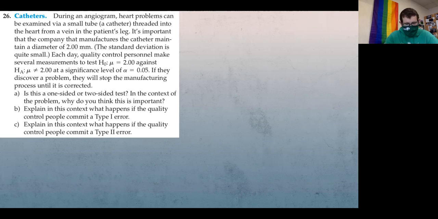So this isn't actually a t-test that we're about to perform. It's just a question about type 1 and type 2 errors. Okay, so explain what happens in this context if the quality control people commit a type 1 error. So we already have the null hypothesis. I'm just going to write them down.